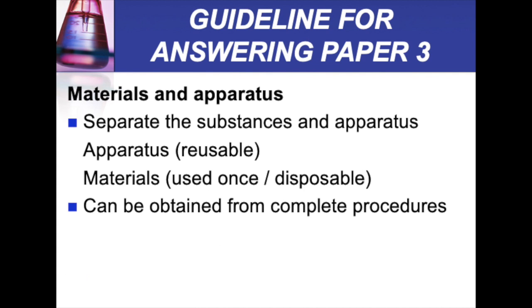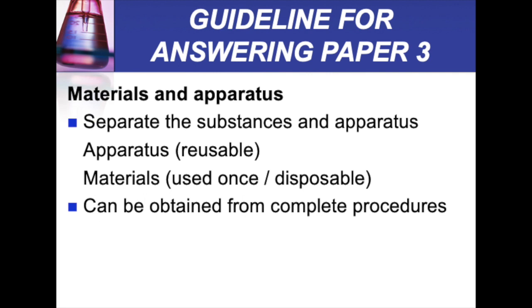After we have talked about the killer part, the operational definition, let's move on to something simpler, which is your material and apparatus. First question the students asked me: should we separate them or put them together? Whichever you want. If you want to separate them, always tell yourself, apparatus means something that you can reuse again and again. Material means you can only use it once and that's it.